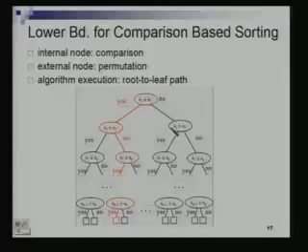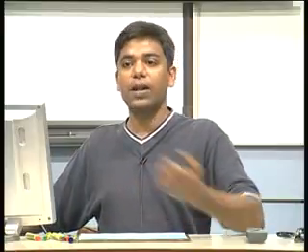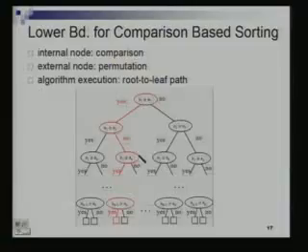But at each point, it's coming back to me with certain numbers to compare. The first time it says something, then depending upon whether I say yes or no, the next comparison it asks me is something else, and so on and on. So the execution of the algorithm is really a path down this tree.